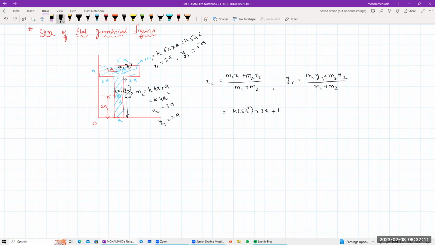m2 is equal to how much for me, k into 4a square, divided by, so this will be equal to k into 5a square plus k into 4a square.